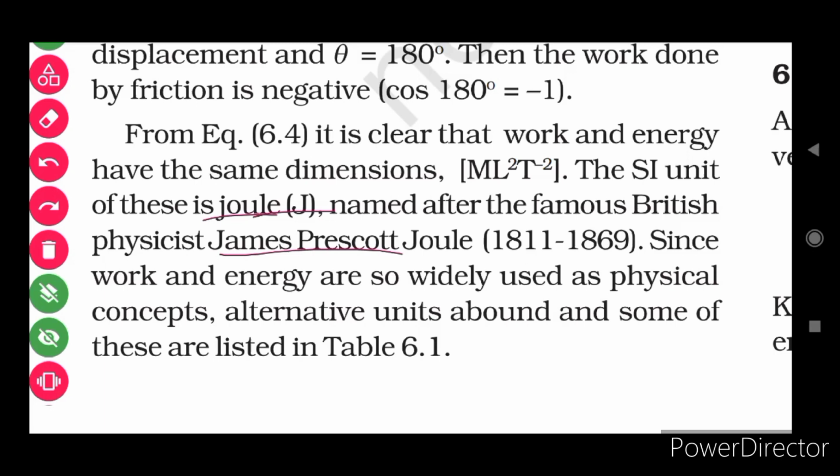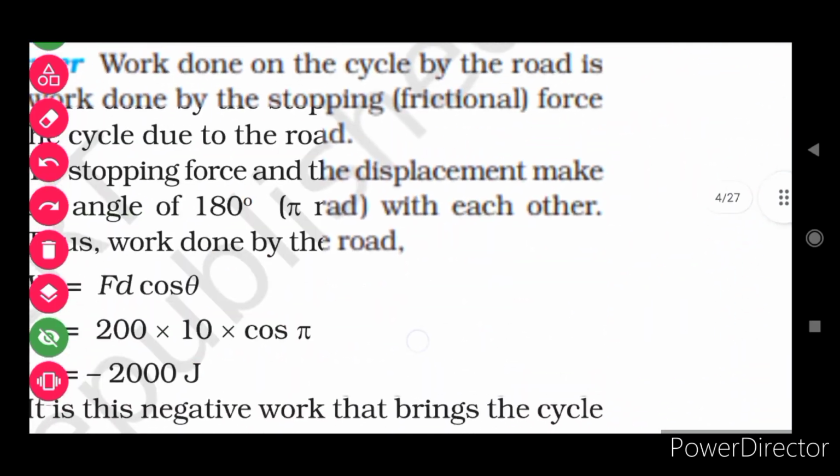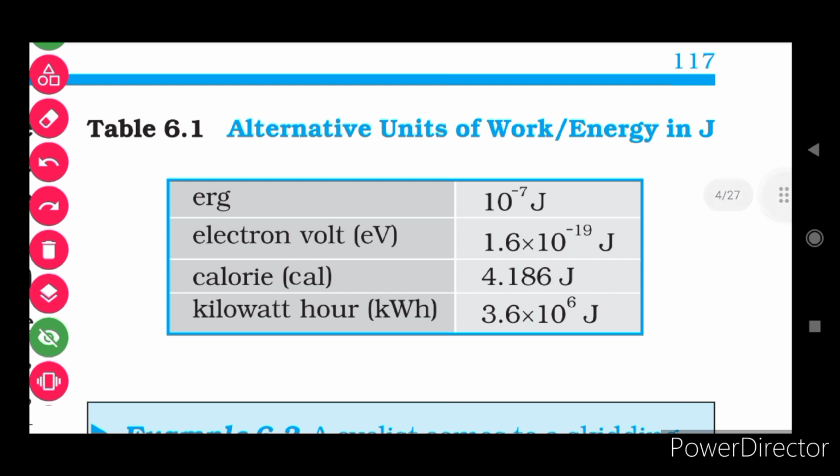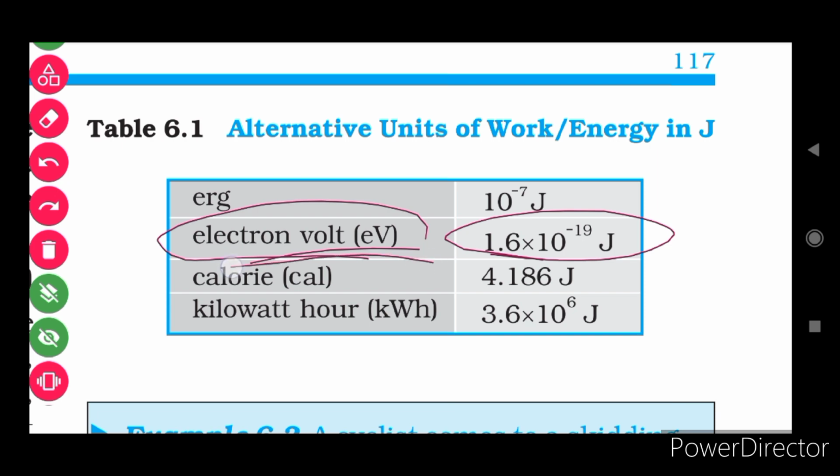Since work and energy are so widely used as physical concepts, alternate units are listed. So the energy units are given, like erg, this is a CGS unit, 10^-7 joule. Electron volt: in atomic physics, nuclear physics, you will come across this, in semiconductors also, this is 1.6 × 10^-19 joule.